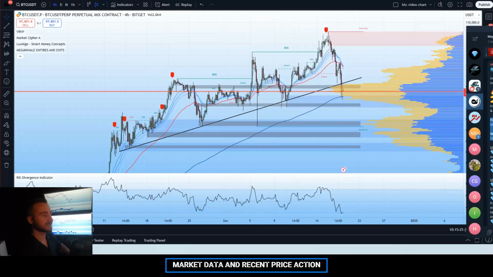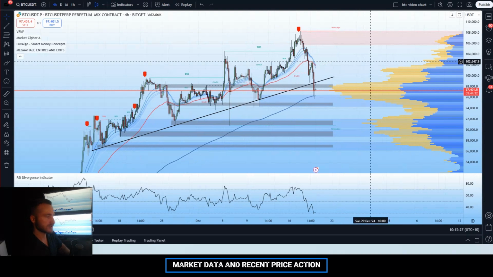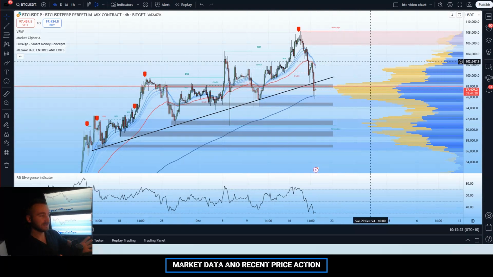So as we can see, Bitcoin has continued toward the downside, breaking below the major, and this is a very important level, the major uptrending diagonal trend line depicted by that black trend line. This was a representation of the trend for Bitcoin over the past month and a half.